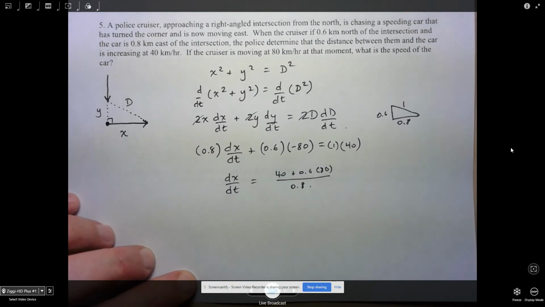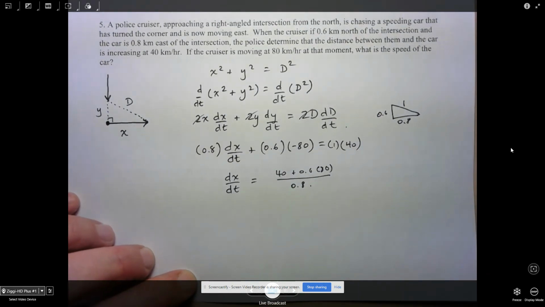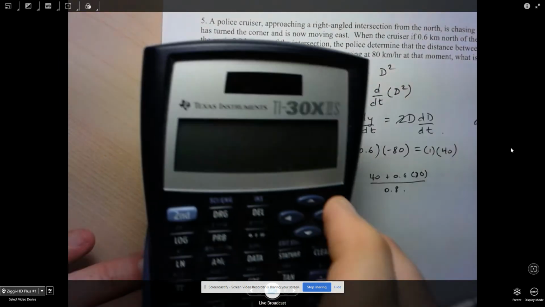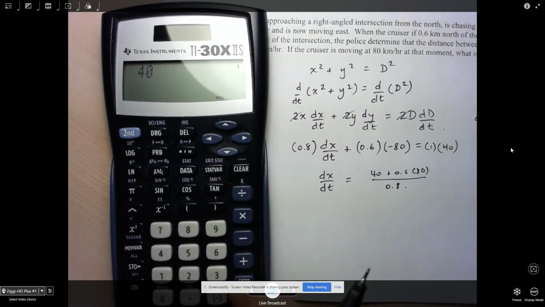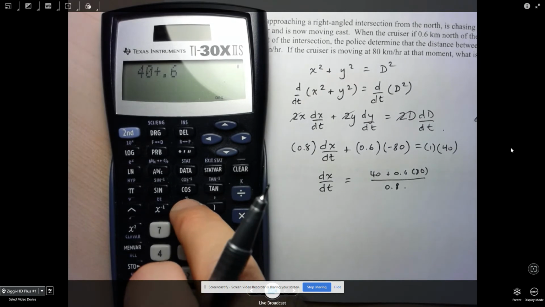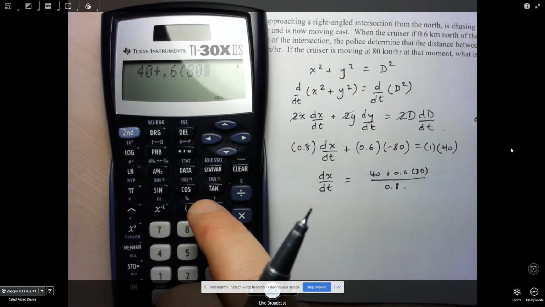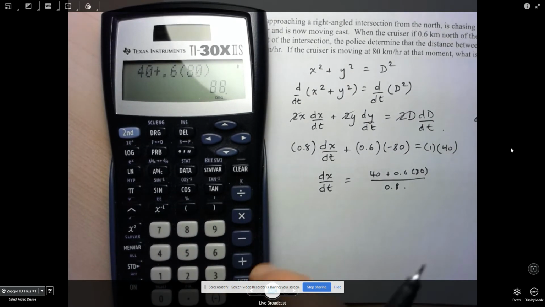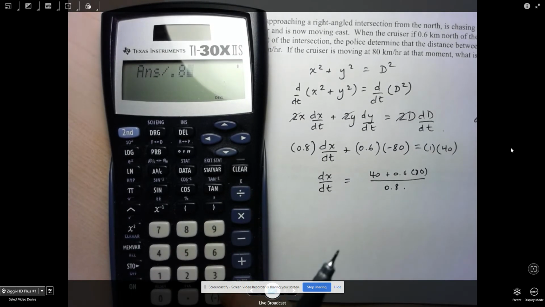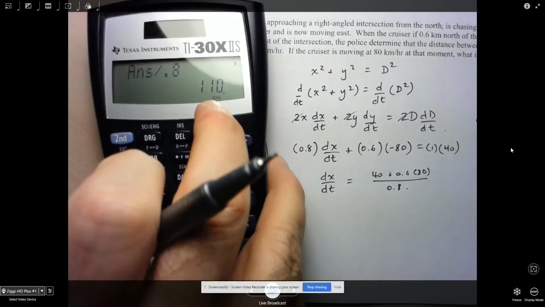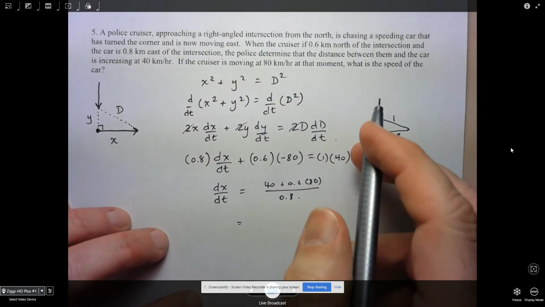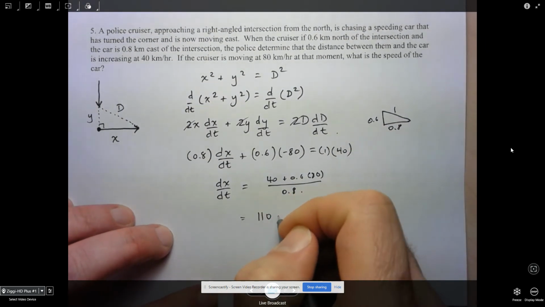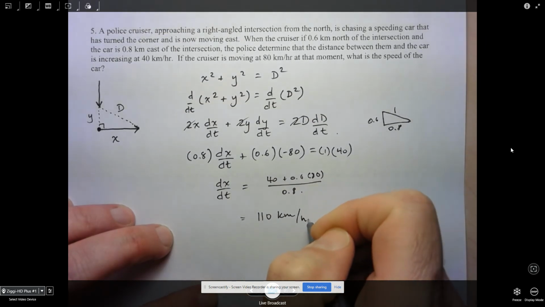Let me find my calculator and calculate this. We have 40 plus 0.6 times 80, and divide that by 0.8. And we get 110. So that means that the speed of the car is 110 kilometers per hour.